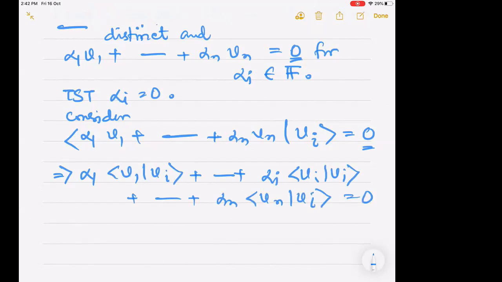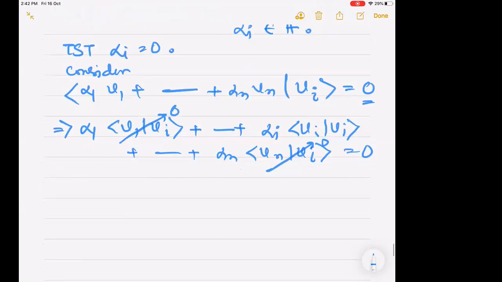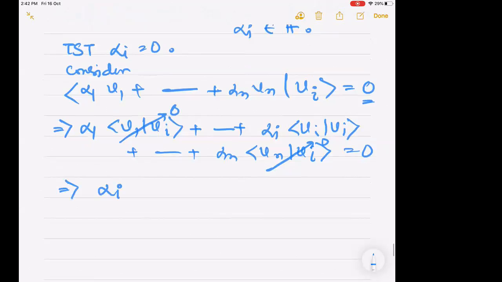But what we know about orthogonality is that the inner product of v1 and vi must be 0 because it's an orthogonal set. Every pair is orthogonal to each other. All these entries are 0. We're left with alpha i times the inner product of vi and vi, which is alpha i times the norm of vi squared, equal to 0. But the norm squared is a positive number because vi is a non-zero vector.